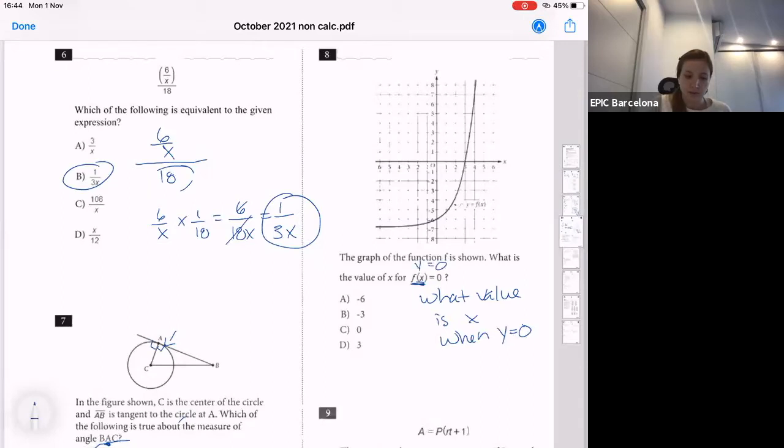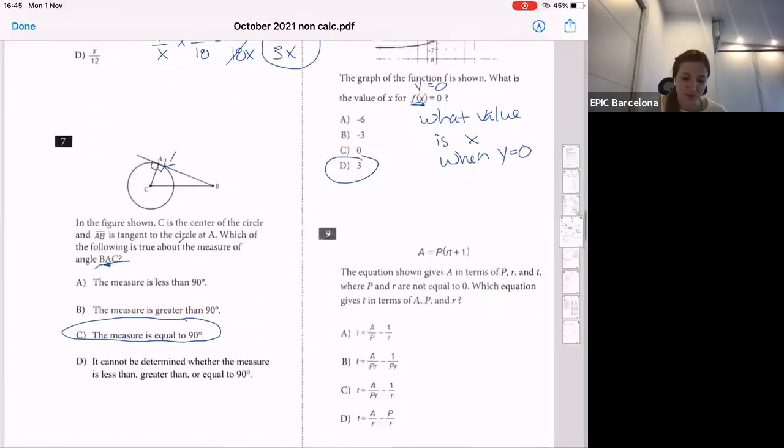Well, I'm going to tell you guys. It occurs right here, right? X is 3 and y is 0. Amazing. So it must be choice D.